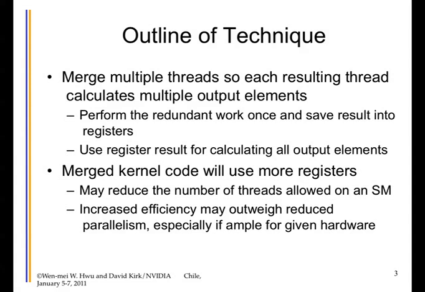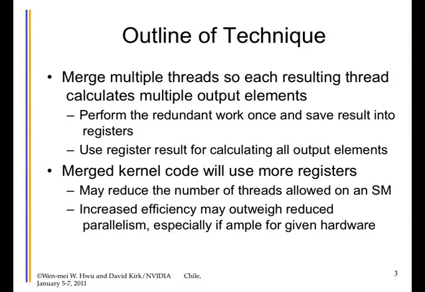Yeah, good. So the increased efficiency may outweigh the reduced parallelism, in the sense that when you use more registers, you could end up executing fewer threads. And if you're interested in this kind of work, just go online and search on Google and look for granularity. There are quite a few recent articles about the fact that the fastest CUDA kernels tend not to be the finest granularity kernels.